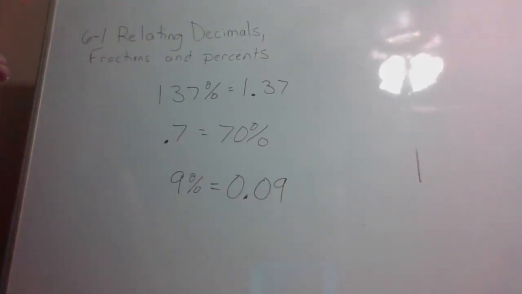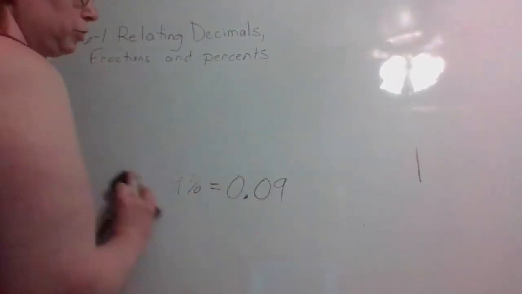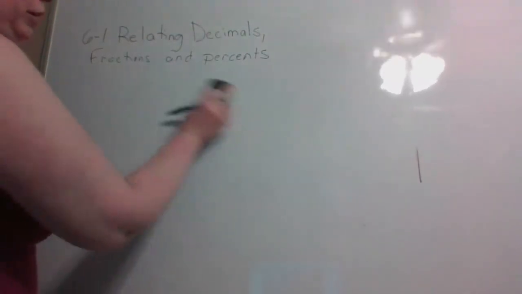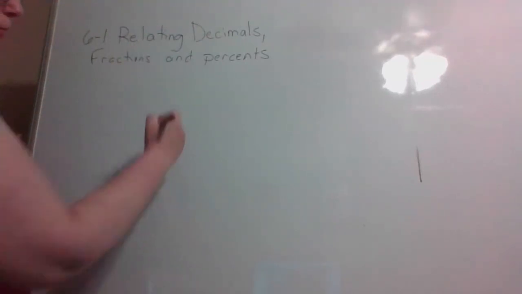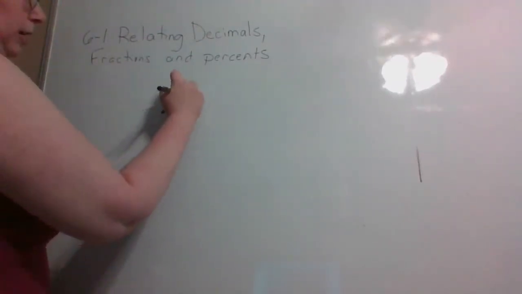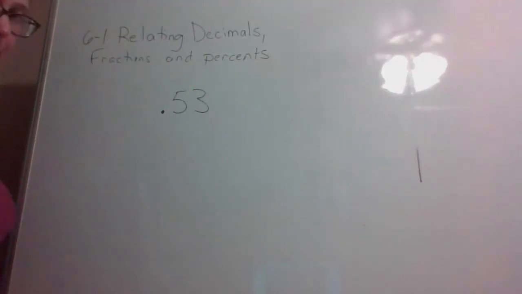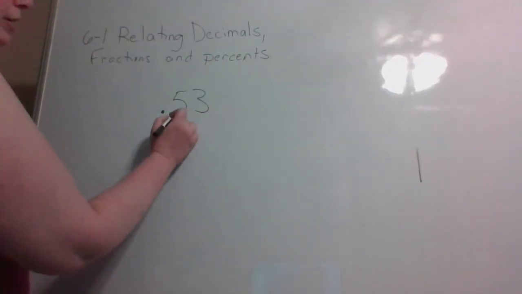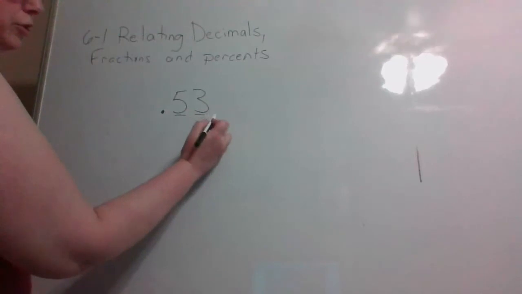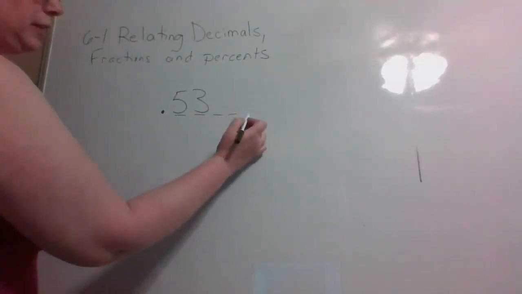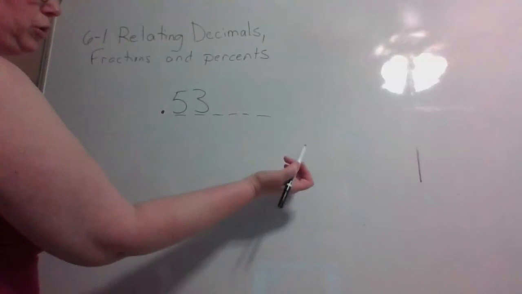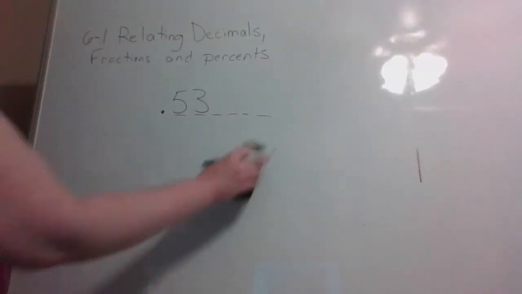The other part of this, of course, is going fraction to decimal and decimal to fraction. When you're going decimal to fraction, it's very good if you guys can remember how to properly read a number. So say we have 53 hundredths. If you're reading this decimal as 53, you're probably going to have some problems here. But if you can remember that our decimal places go tenths, hundredths, thousandths, ten-thousandths, hundred-thousandths, millionths, that will be super helpful for you.